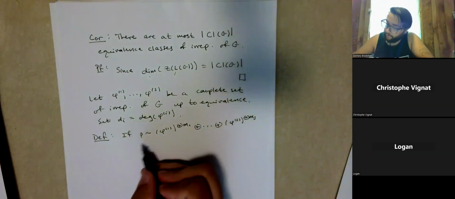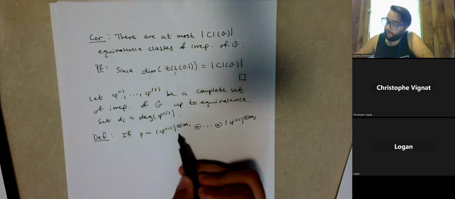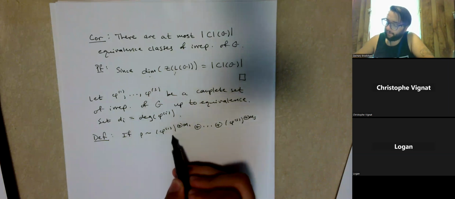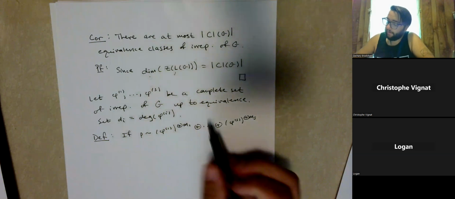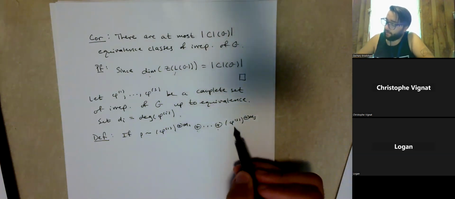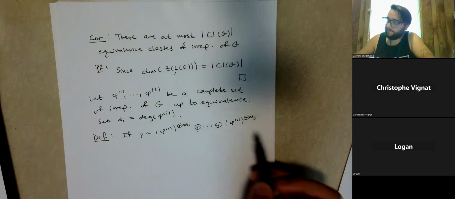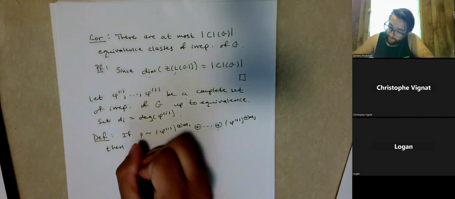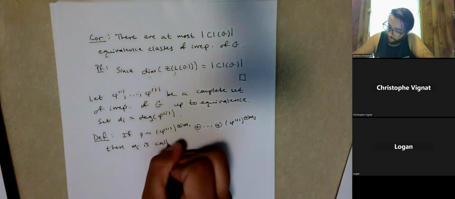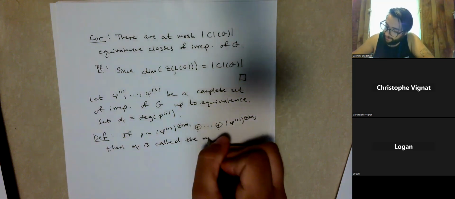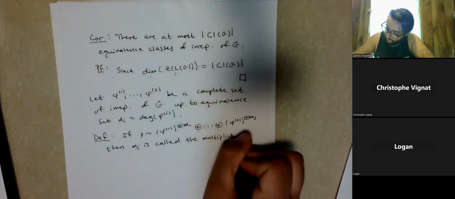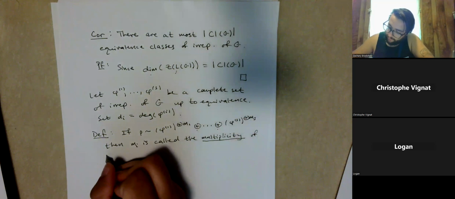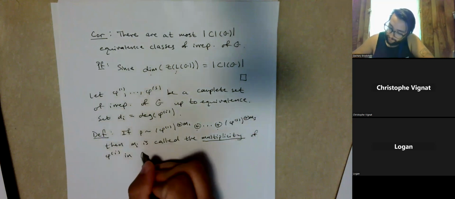Okay, so if rho is equivalent to a direct sum of m_1 copies of phi_1, so this is phi_1 plus phi_1 plus phi_1, m_1 times, direct sum all the way up to phi_s and m_s copies of phi_s, then m_i is called the multiplicity of phi_i in rho.